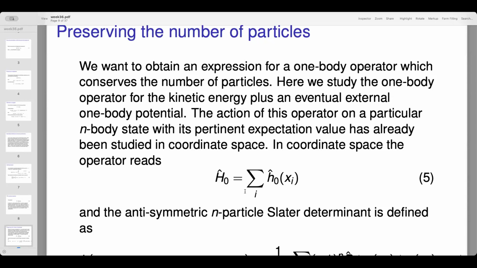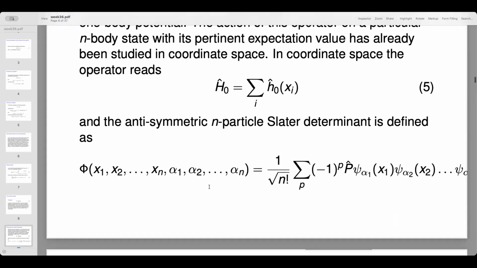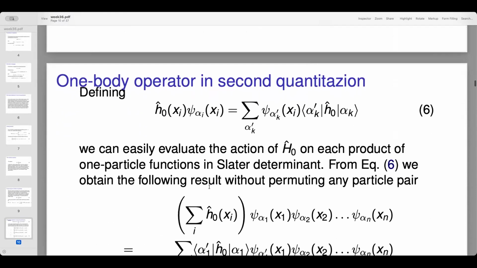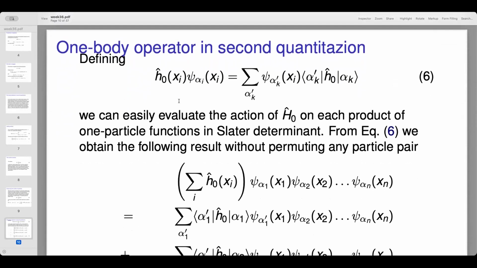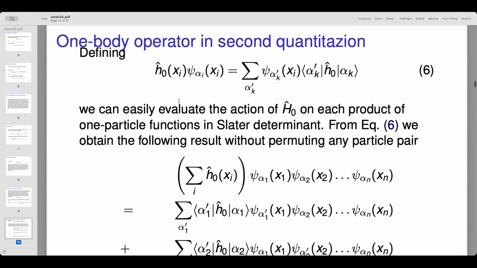So if you go to the weekly slides which we have for this week, what we would start with is this representation in the standard first quantization approach. This would correspond to the application of the spectral decomposition.